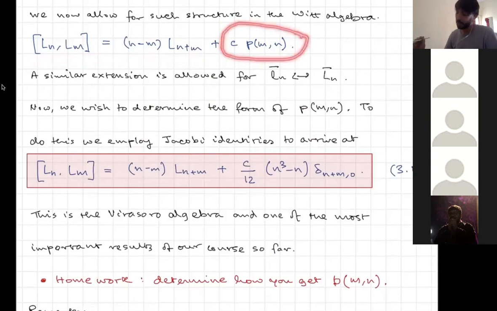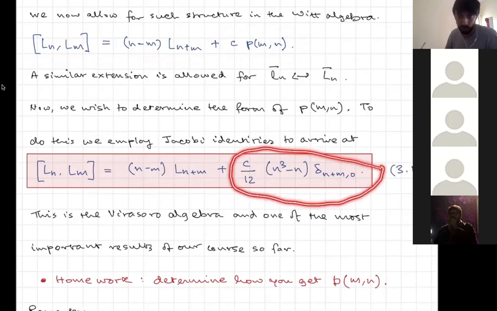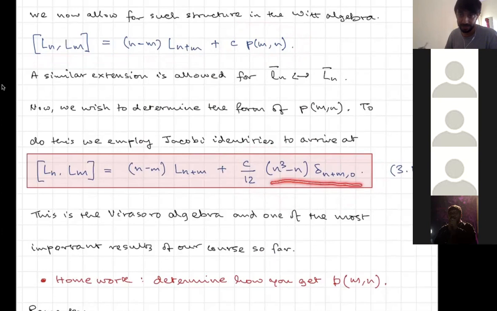When you do the math, you'll see that the extra piece looks like this, where C is a number, and the function P of m, n takes the form of (n cubed minus n) delta n plus m, 0. So the point here is, what do you do?